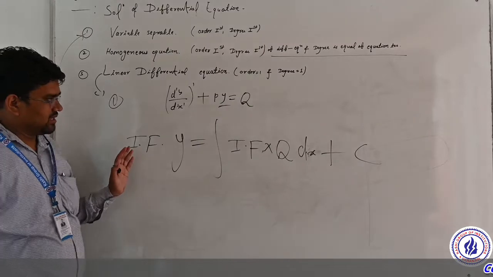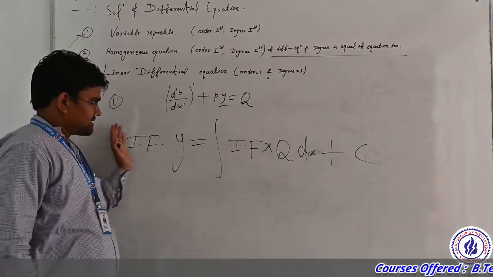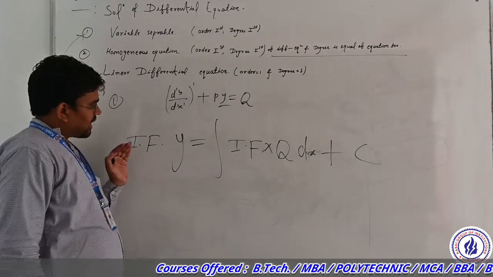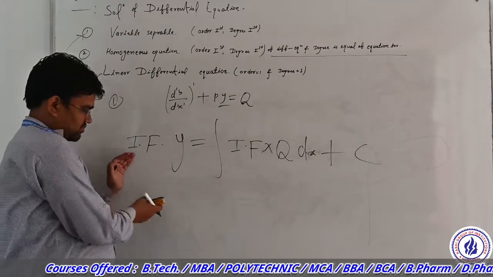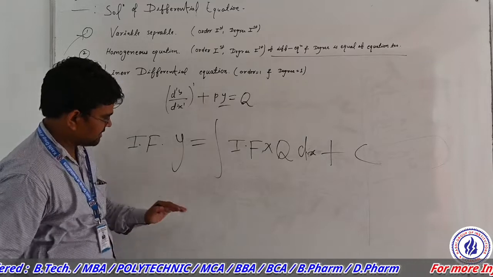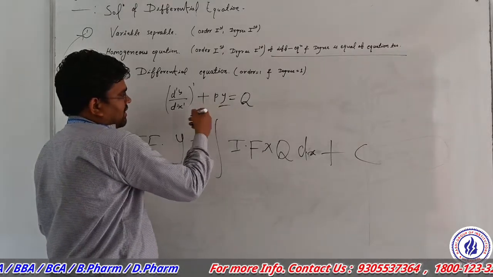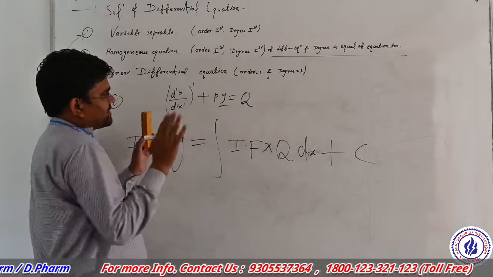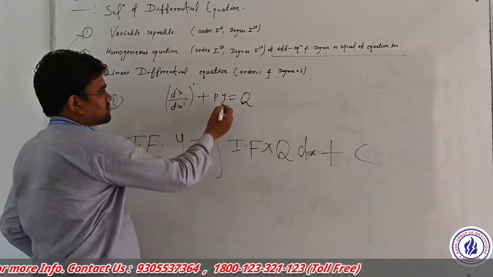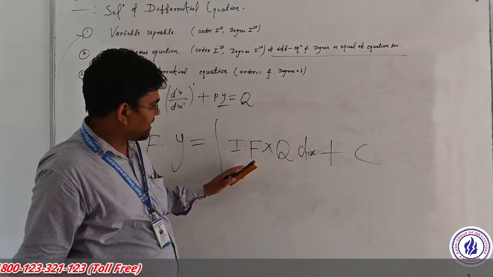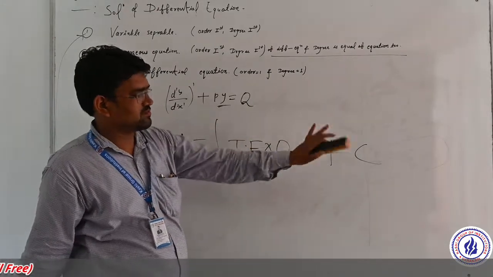So again, be sure about that structure. I have IF. What is IF? I will proceed with it in a few minutes below. IF into y, because here our structure is y dash plus py equal to q. So each solution carries that y, and after that I have IF into q dx plus c.